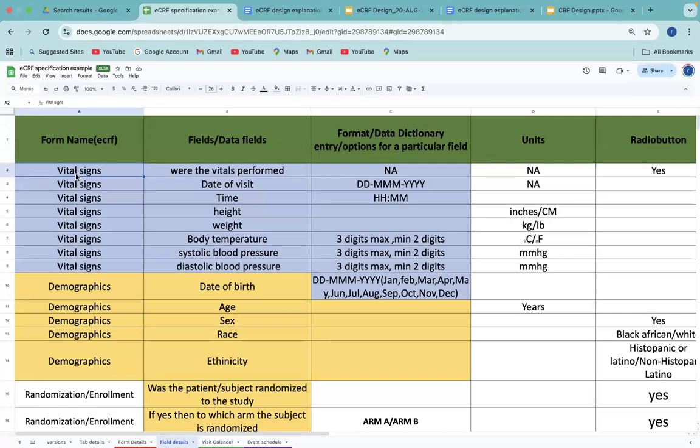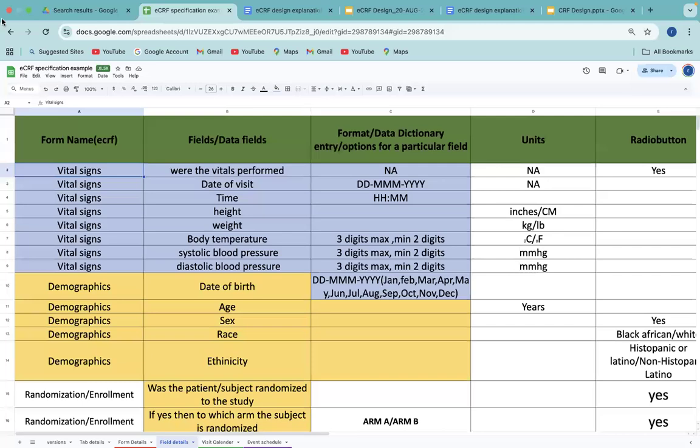Come on, you should know what comes under vital signs. Heart rate. That's all.